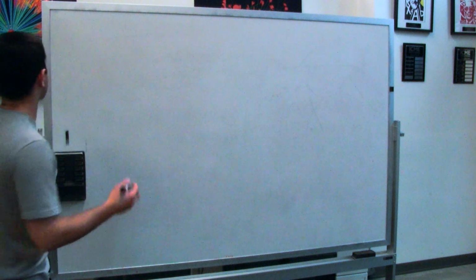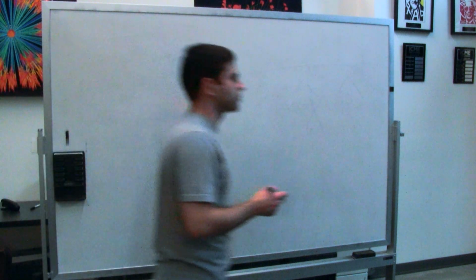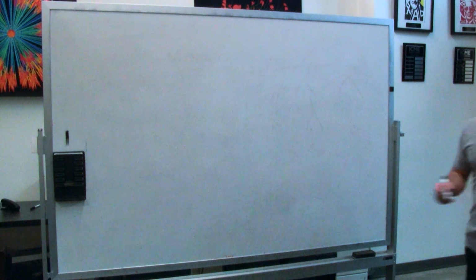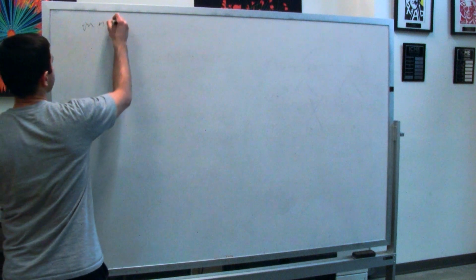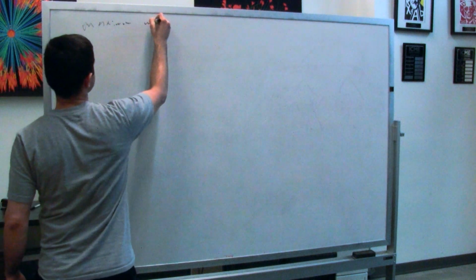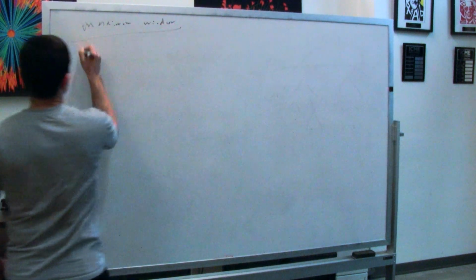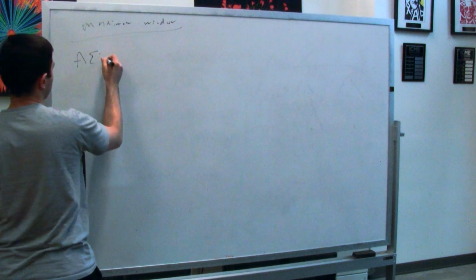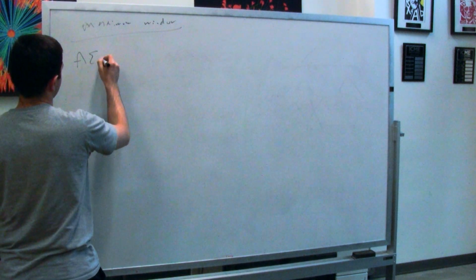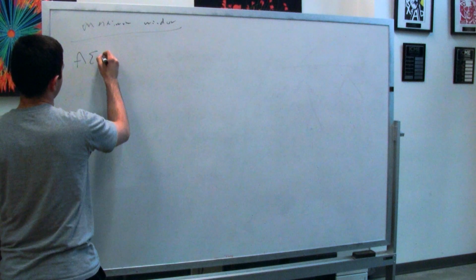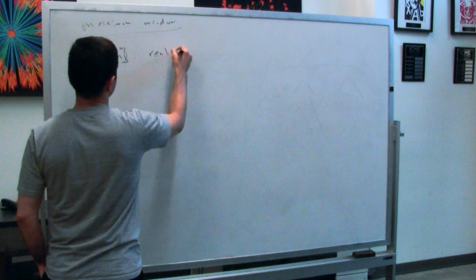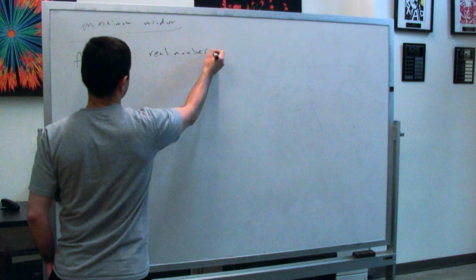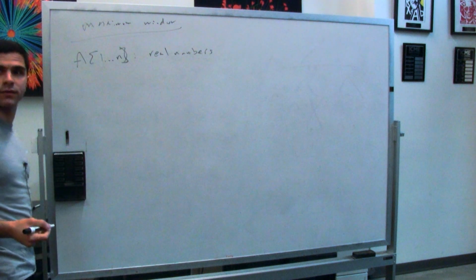So what did I call this problem? Maximum window. So you have an array from 1 through n. Real numbers, most importantly some of them negative, otherwise the answer is trivial.